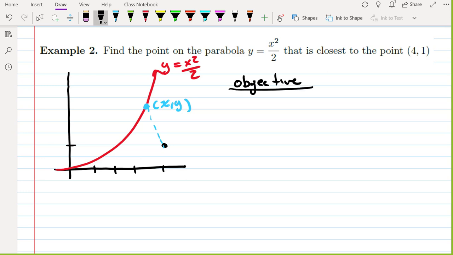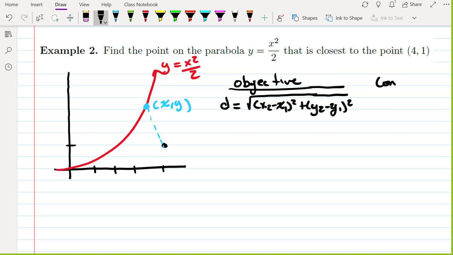Well, our objective is we want to minimize the distance, right? So what do we know about finding the distance between 2 points? Well, our distance formula is the square root of (x2 minus x1) squared plus (y2 minus y1) squared. So that's our objective.